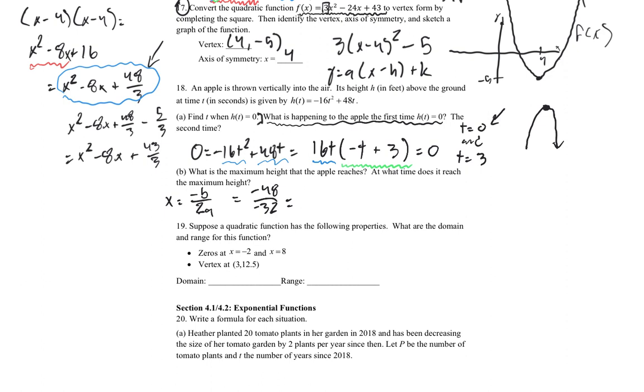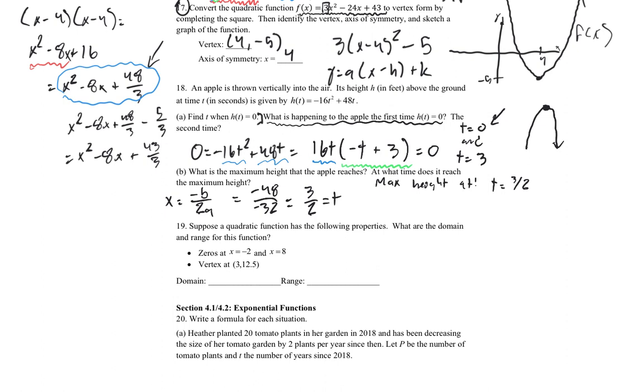Well, that actually reduces to 3 over 2, or 1.5. So, okay, that's the x-coordinate of the vertex, or I guess t, right? So you could say it reaches the maximum height at t equals 3 over 2, so 1.5 seconds, right?